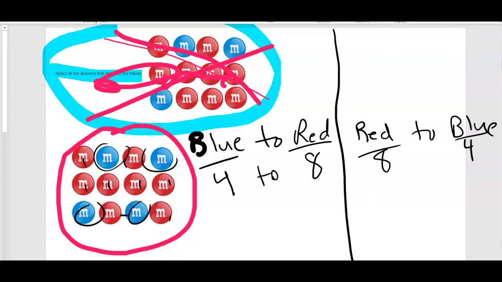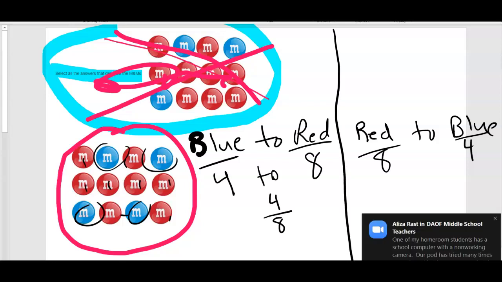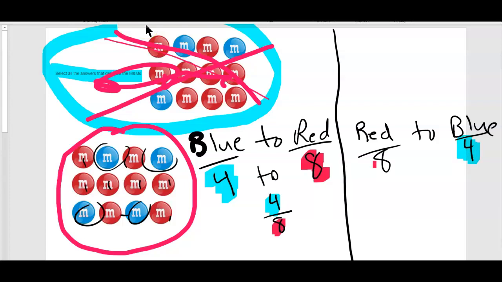In fraction form, blue to red would be 4 over 8. And this, in fraction form for red to blue, would be 8 over 4. Nice, right? But we're not done yet.